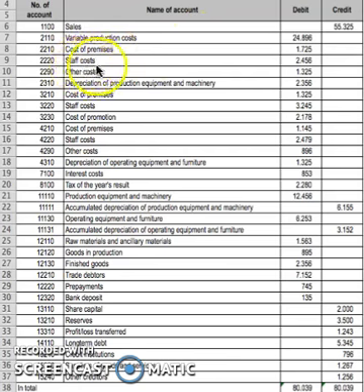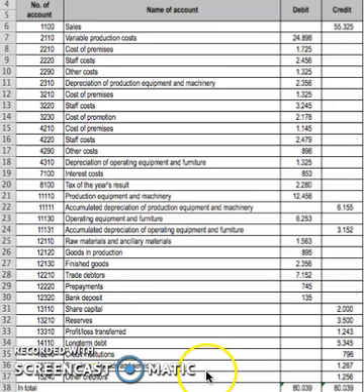Then you have cost of premises, staff cost, other cost, depreciation of production equipment and machinery, cost of premises, staff cost, cost of promotion, cost of premises, staff cost, other costs, depreciation of operating equipment and furniture, interest costs, tax of the year's result, production equipment and machinery, accumulated depreciation, operating equipment and furniture, accumulated depreciation of operating equipment and furniture, raw material and ancillary materials, goods in production, finished goods, trade debtors, prepayment, bank deposits, share capital, reserves, profit and loss transfer, long-term debt, credit institution, supplier of goods and services, other creditors.